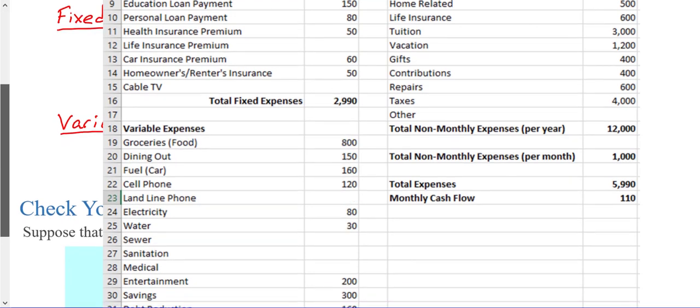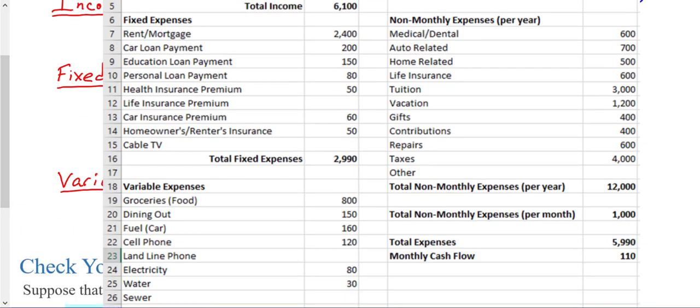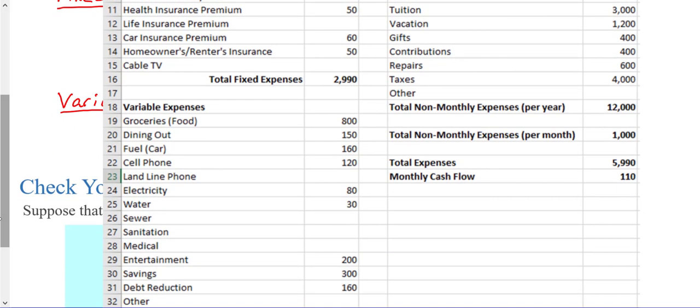And then you will notice there's a non-monthly total, and there's also non-monthly expenses. There's a per year and a per month. So to find the per month, what you would have to do is take the per year amount and divide it by 12 so you can get the monthly amount.